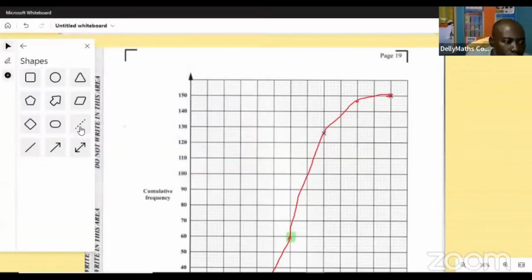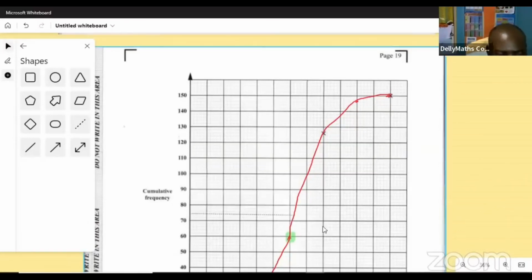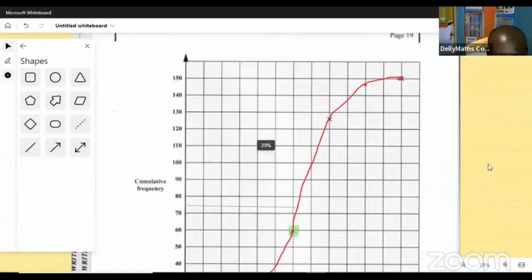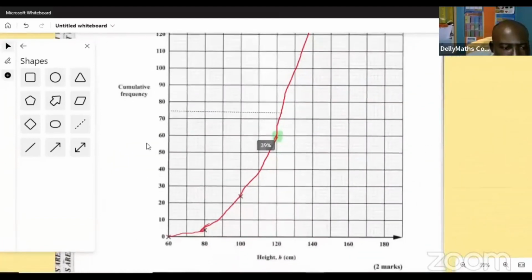Picking up this line here, halfway is going to be right here. When I blow this up, it's right on the first line to me.